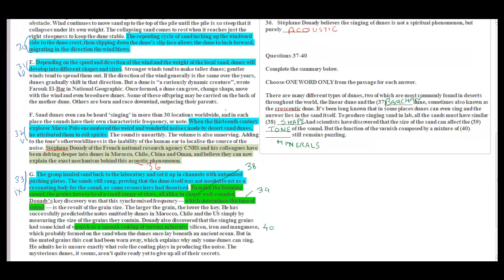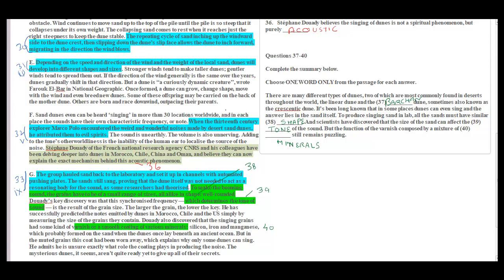To make the booming sound, meaning how the sounds are produced, the sand grains have to be in a small range of size. So the size of the sand grain should be small. In the paragraph it's given as all alike in shape. All alike means similar. So here the answer is shape.